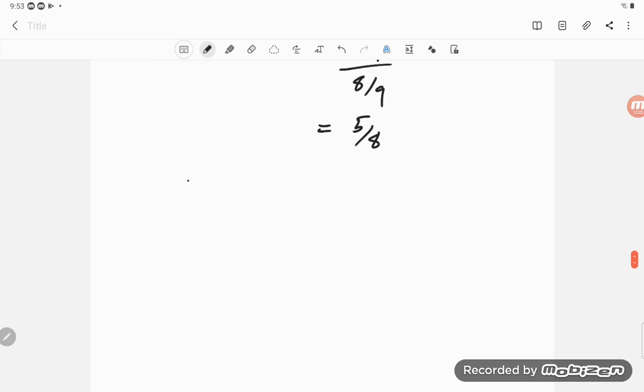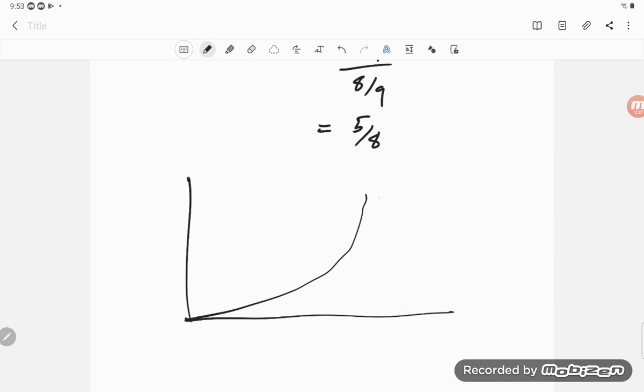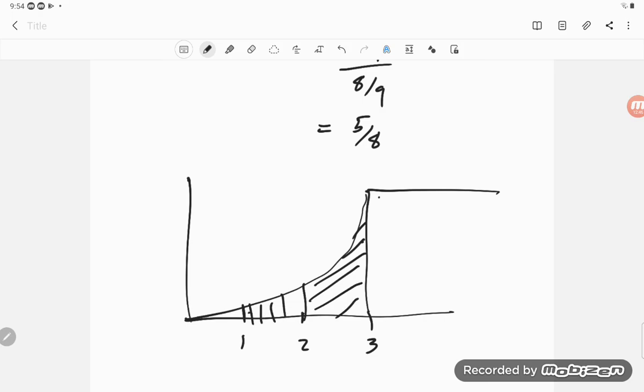Okay, now in terms of pictures, you see we had this thing. So here's 3, here's 2, and here's 1. So we wanted the probability of being in here, given we know that we were in here.